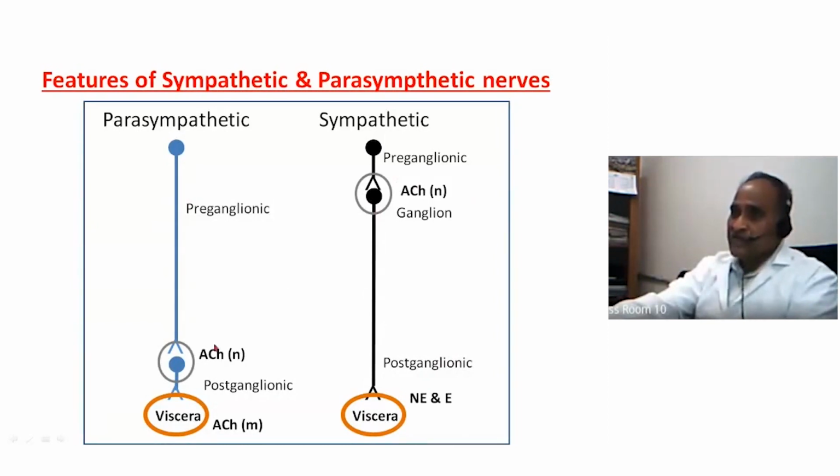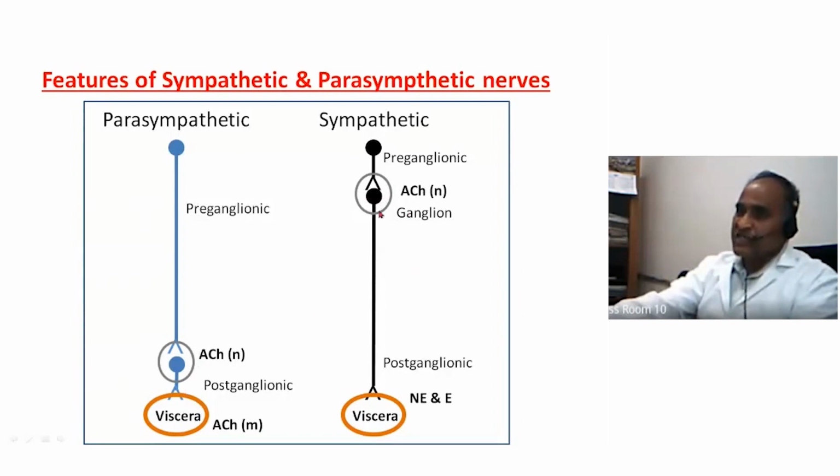Look here, the neurotransmitter is acetylcholine acting on nicotinic receptors. The acetylcholine is the same, but the receptors here are nicotinic type. Here also the same. That means at the ganglion, either sympathetic or parasympathetic, the acetylcholine acts on the nicotinic receptors, because at the ganglion the nicotinic receptors are expressed on the postsynaptic site.